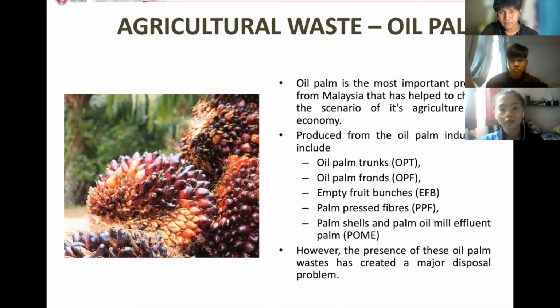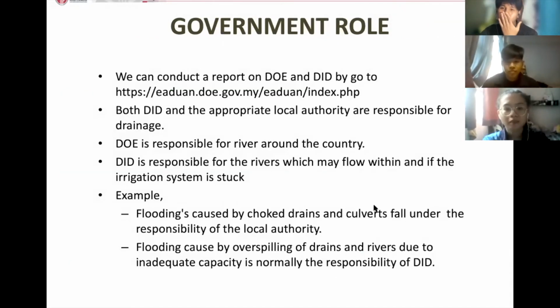However, the presence of this oil palm waste creates a major disposal problem. Right now, if we see someone dumping leachate, or someone causing pollution, we can report to the DOE and DID by going to the link.